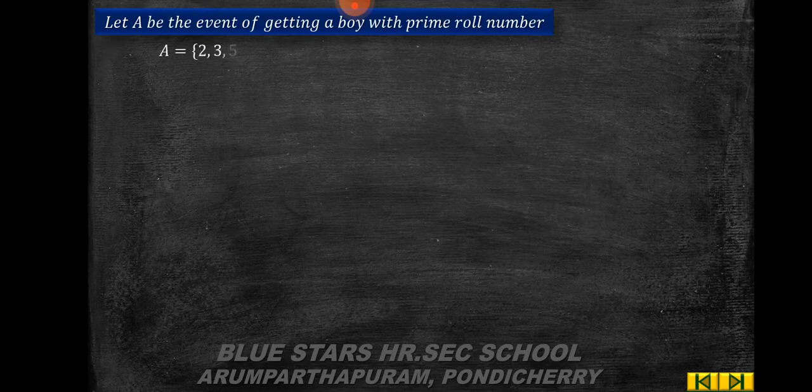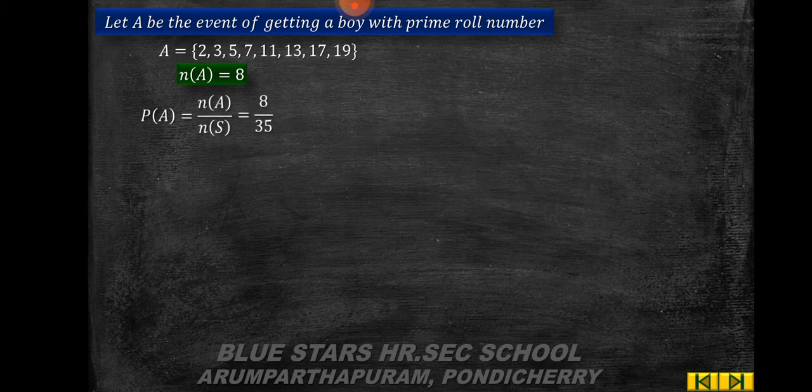Let A be the event of getting a boy with a prime roll number. So A is equal to 2, 3, 5, 7, 11, 13, 17 and 19. So n of A is equal to 8. P of A is equal to 8 by 35.